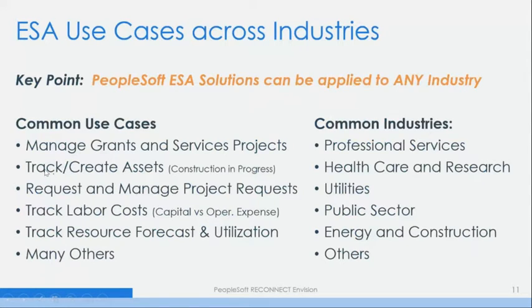From an internal perspective, you could also be tracking and creating assets. So that's CIP, or construction in progress. You could be requesting and managing project requests to help manage your project portfolios. Again, prioritizing projects, tracking how projects roll up to each other in the portfolio.